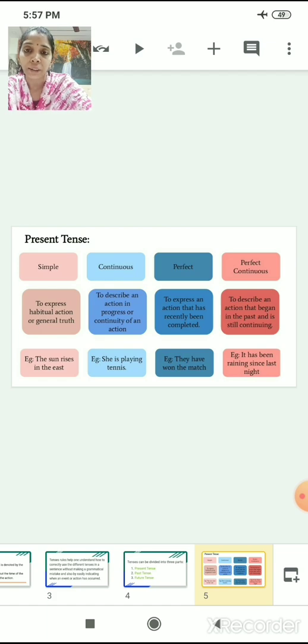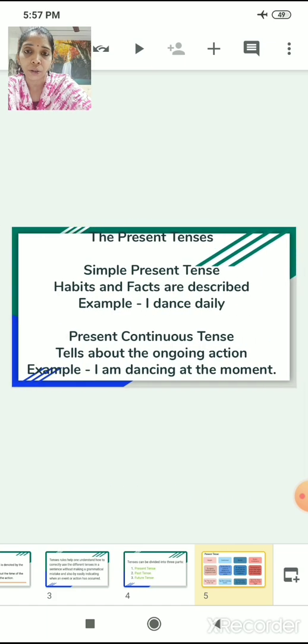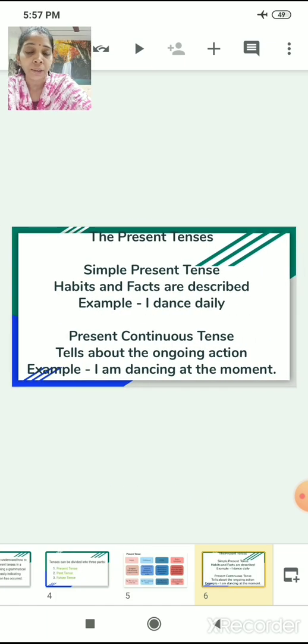Simple present tense expresses habitual action or general truth. For example, the sun rises in the east. So what is simple present tense? It expresses habitual action or general truth. Another example is I dance daily.